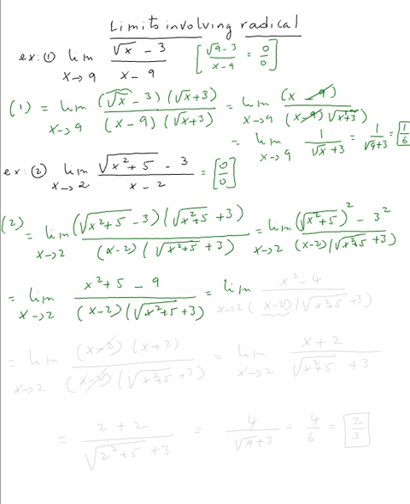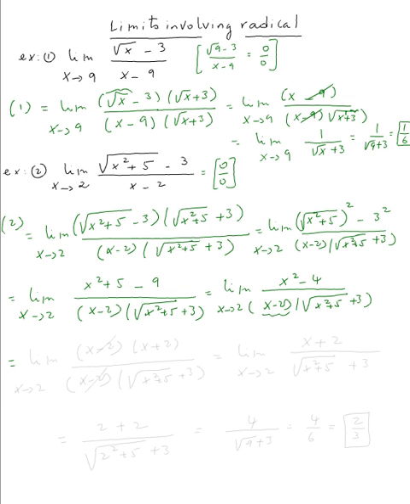Plus 5 minus 9 is minus 4, so we have x squared minus 4 over x minus 2 times square root of x squared plus 5 plus 3. If we plug in 2, it's still going to be 0 over 0. So we need to factor the top, trying to get rid of the x minus 2.